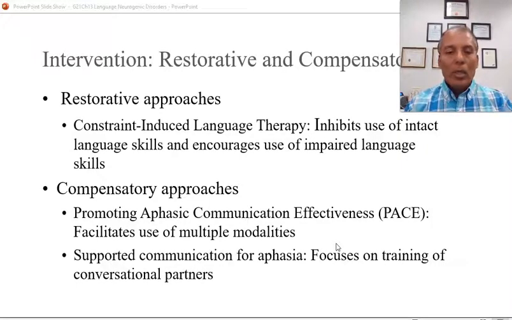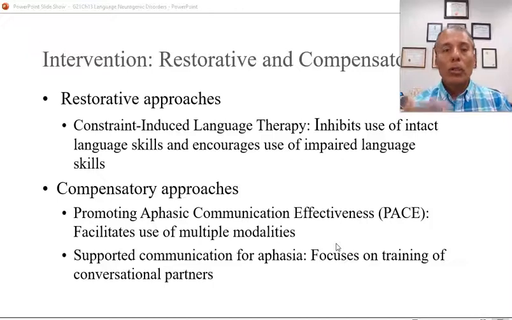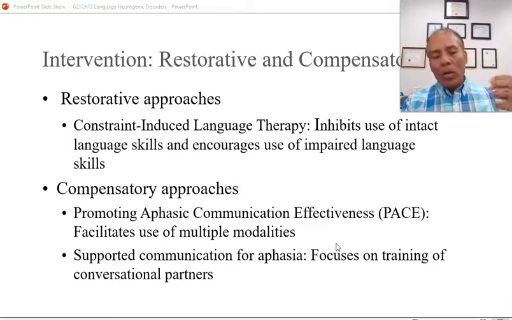And also there is supported communication for aphasia that focuses on training conversational partners and being with the person, like a student volunteering, or a community member volunteering in a rehab hospital or in a hospital to read to the patient, to be next to the patient and give them company and discuss and tell stories and just socialize. And the idea is that the more you socialize, the more spontaneous recovery the person will regain.